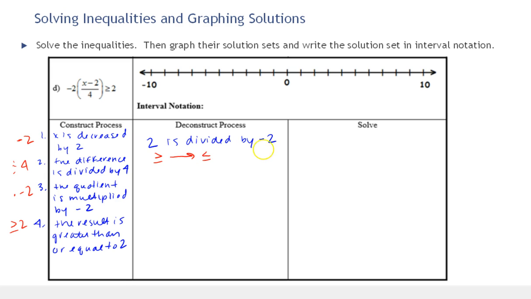Now the result is a quotient, so the quotient is, well, it was divided by 4, so we multiply by 4. The quotient is multiplied, running out of room, sorry, by 4. And then that is a product, so the product is increased by 2.